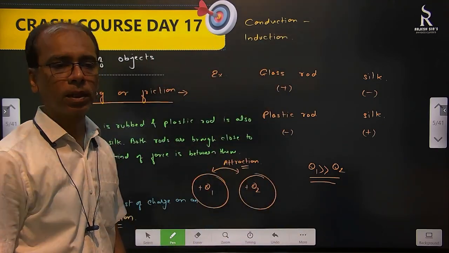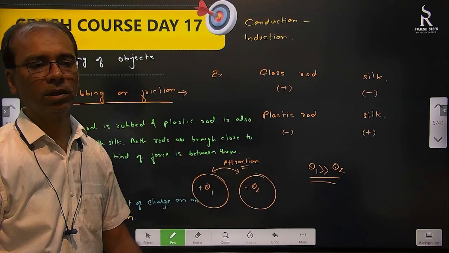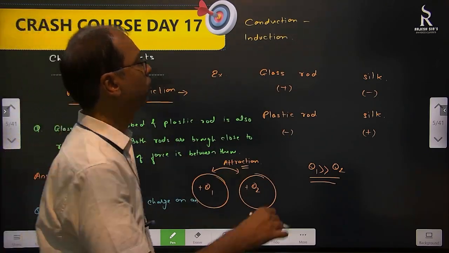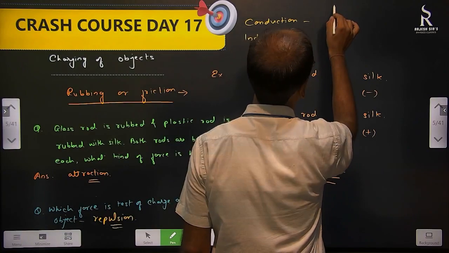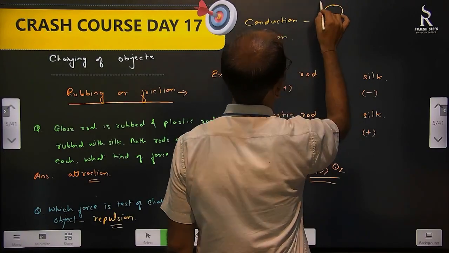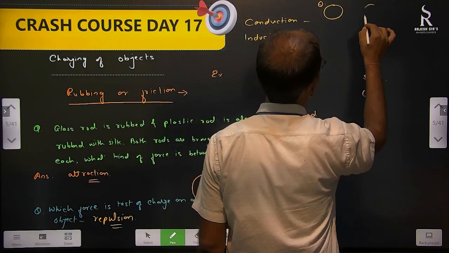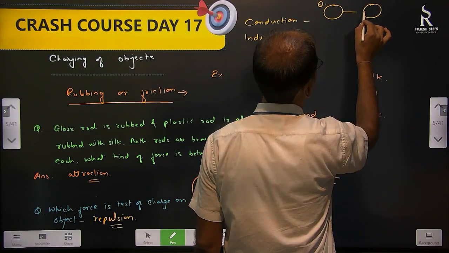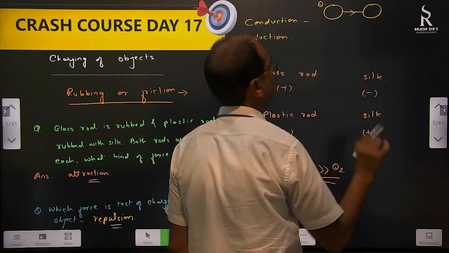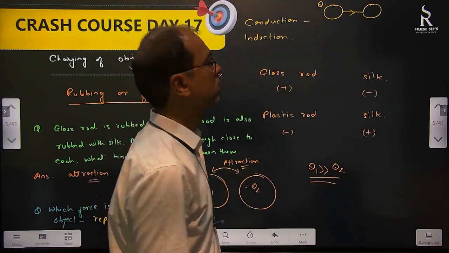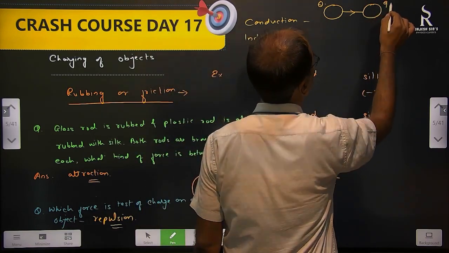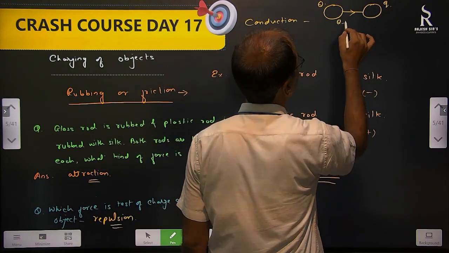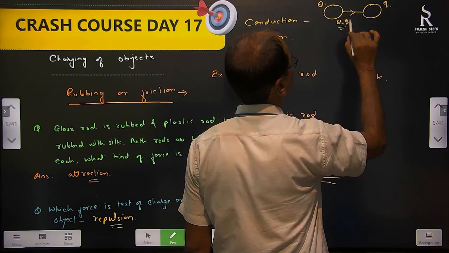Conduction means one object is charged and you connect it with an uncharged object, so there is a flow of charge from the charged object to the uncharged object. Suppose this one has charge and this one is uncharged. You connect them, and charge flows. Let's say the charge on this one is Q and on this one it becomes Q minus Q. Still you can see that charge is conserved.